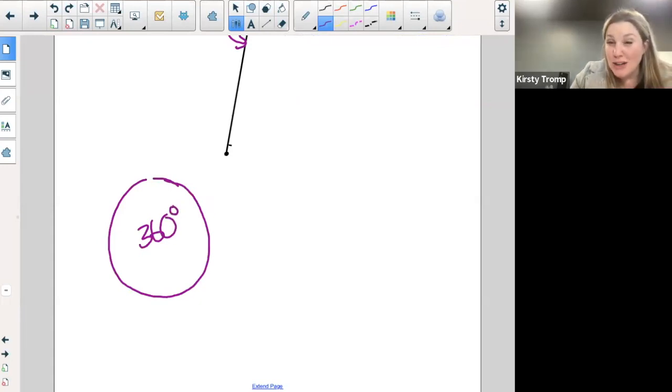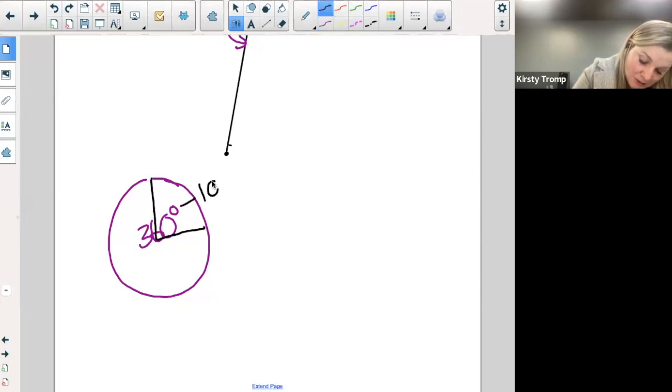So if you want only 260 degrees, what do you need to take away? You need to minus 100 degrees. So if you need to get rid of some degrees, you need to minus 100 degrees.